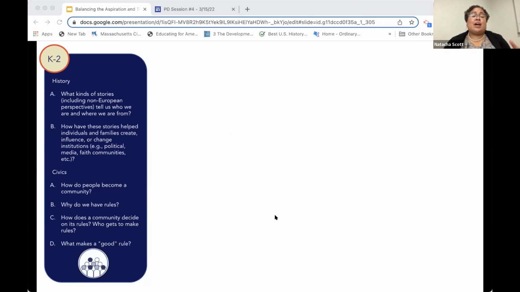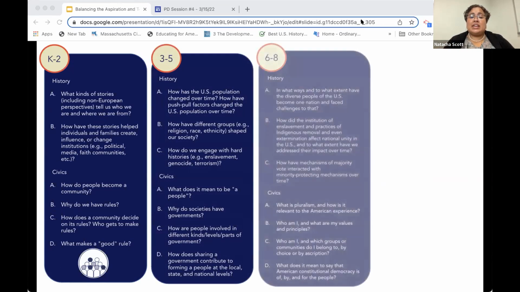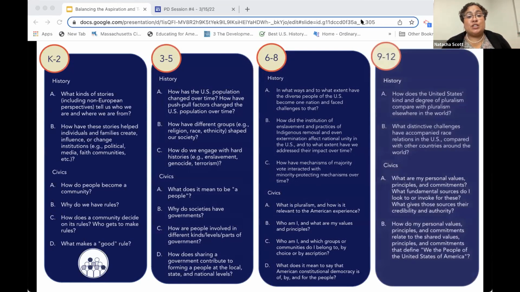If we look at these questions: what kinds of stories, including non-European perspectives, tell us who we are and where we are from? How do people become a community? Why do we have rules? We see these concepts from the historical and civics perspectives, and we can see where they gradually become more complex. In 3-5, leading into how has the US population changed over time?